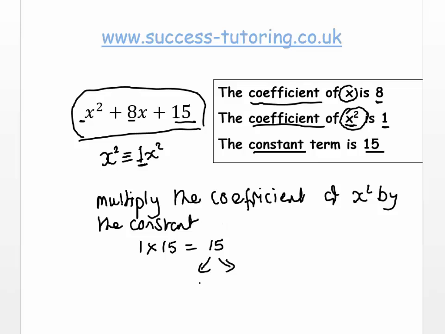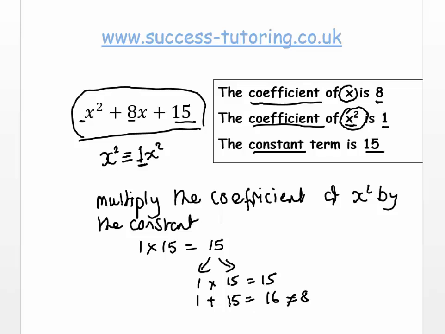So two numbers, let's say for instance 1 times 15 will give me 15, but if I add these two numbers together, they must come to the coefficient of x. 1 plus 15 is 16. It does not equal 8, so we can't use that. So there are only two more factors of 15, 3 and 5.